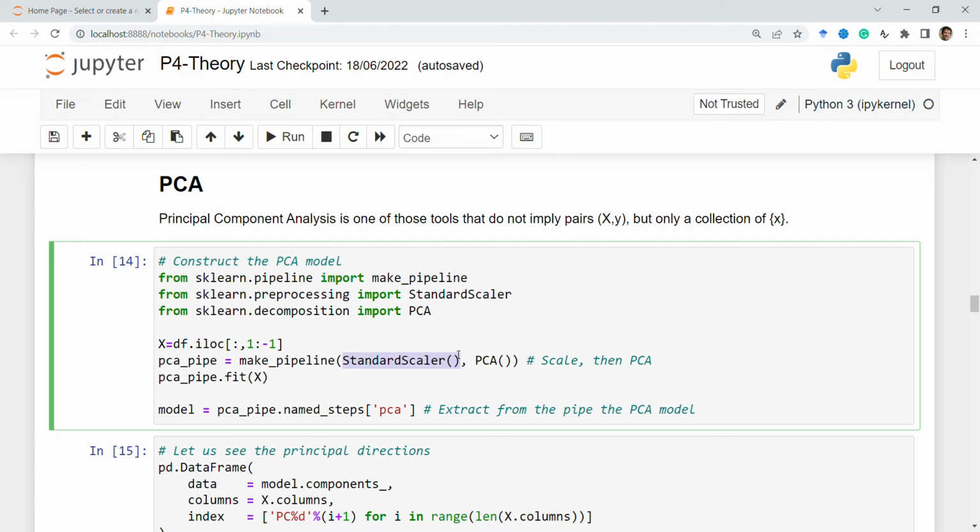So this is computing the z-score of each variable. It is x minus the mean of x divided by the standard deviation of x, and with these normalized variables, the correlation matrix and the covariance matrix are the same because of the way they have been scaled. And then with the normalized variables, we compute the PCA.